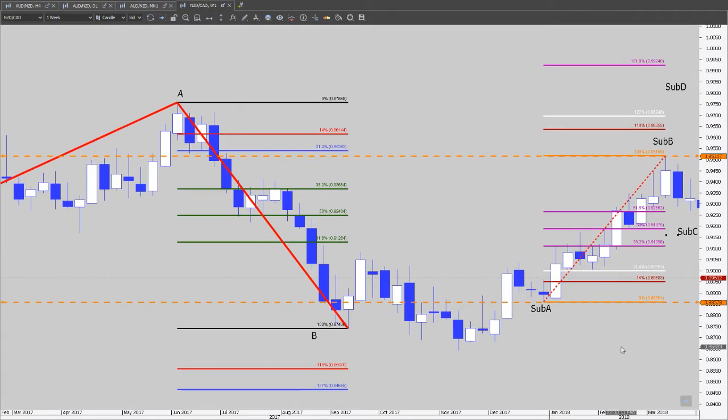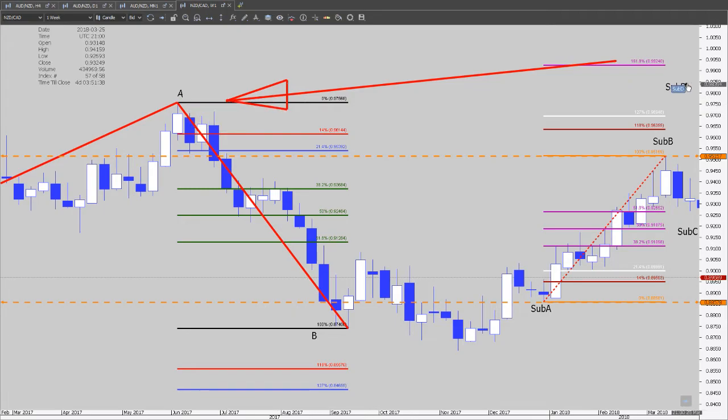Now what is different this time is if you can see the maximum extension of the Contrarian Fibonacci is out of the original AB boundary.